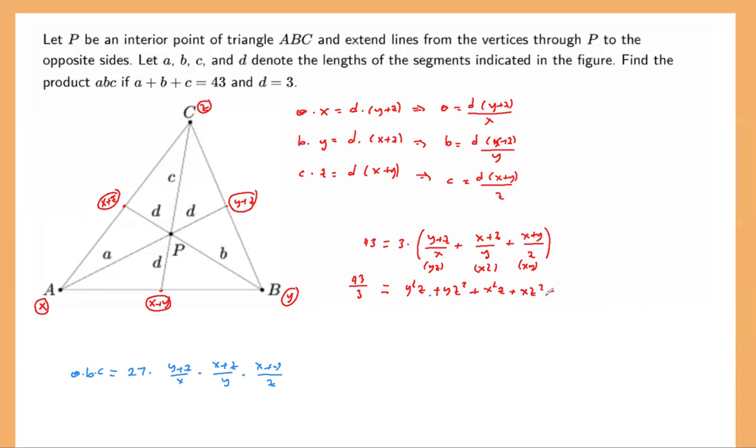As you see, you are going to get y squared z and y squared x, and all these symmetric terms. If I multiply this, you will get x squared y, and then xy squared. So this is what we have, right? We have 6 terms, all divided by x, y, z, and this is given as 43 over 3.